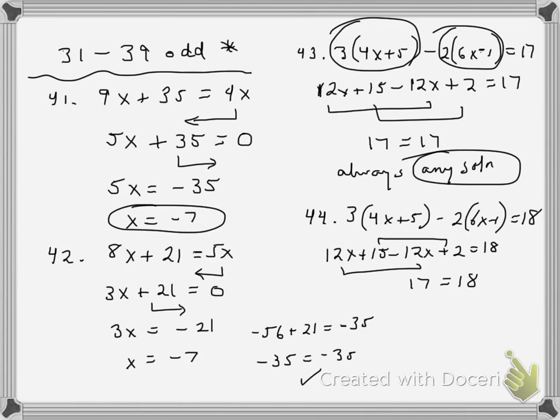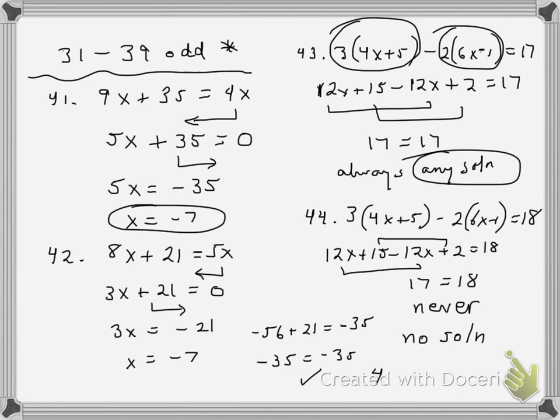Notice what happened again: my x's drop out. But when does 17 equal 18? Never. And so the answer to this problem is no solution. That means there's no x you can plug into that equation to get the right answer. So those are some funny things that can happen.